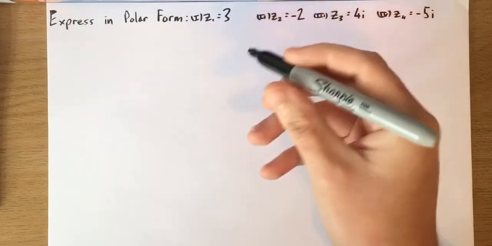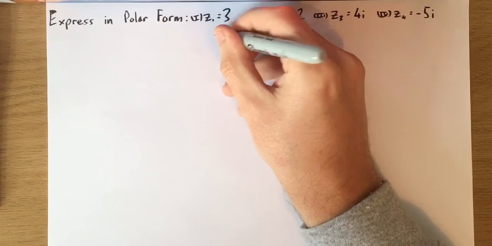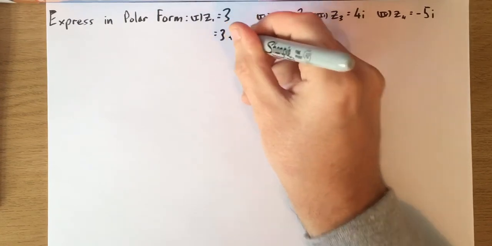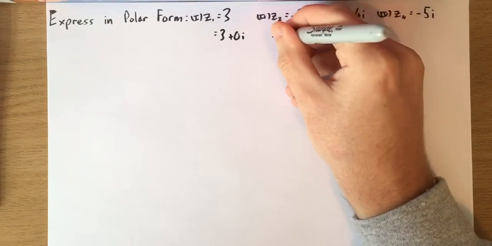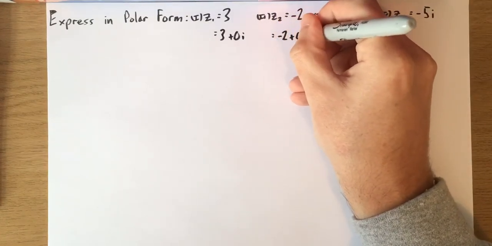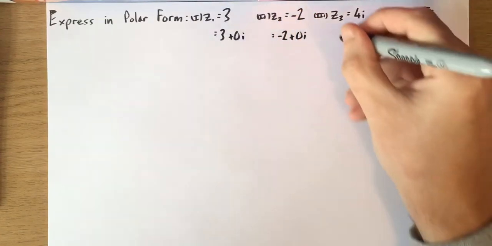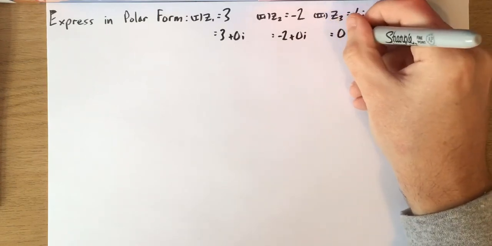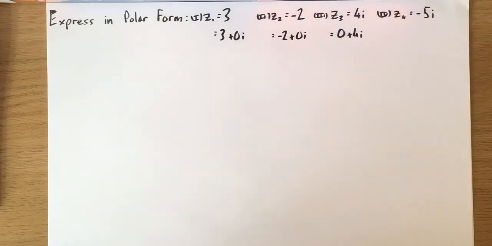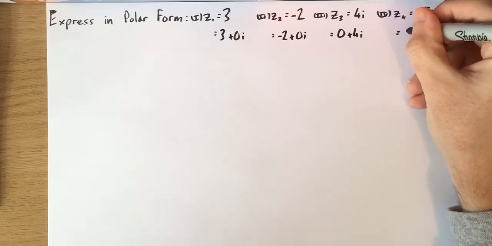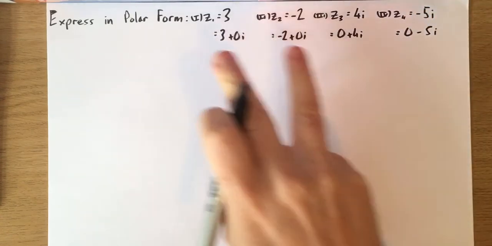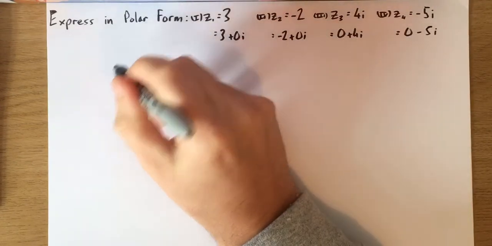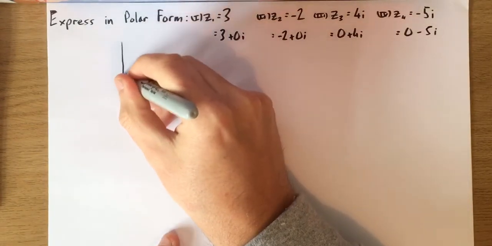So like 3, you could rewrite that as 3 plus 0i. -2, you could rewrite as -2 plus 0i. 4i, you could rewrite as 0 plus 4i. -5i, you could rewrite as 0 minus 5i. So just real, just imaginary. All right, I'll put the 4 of them on the same Argand diagram.